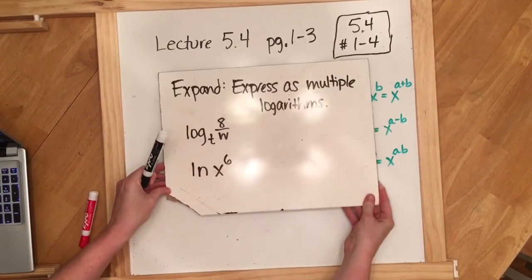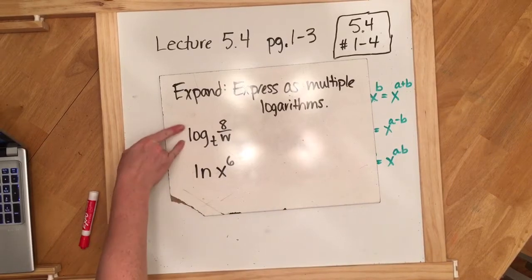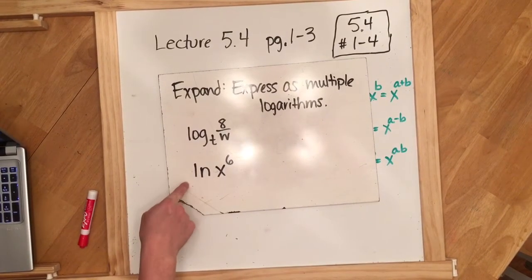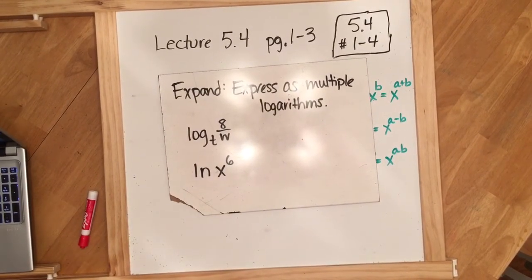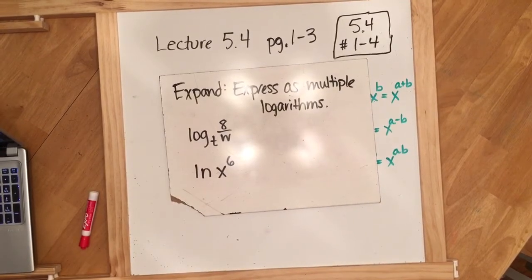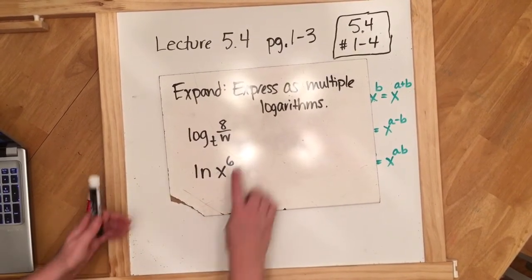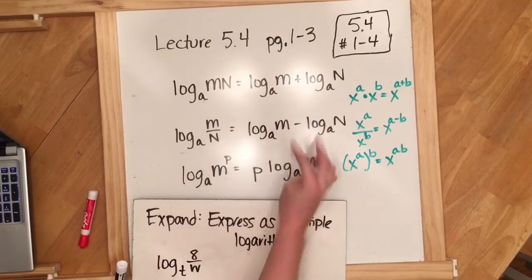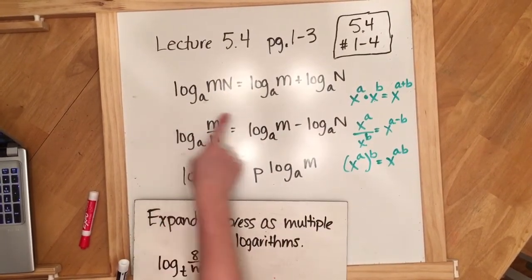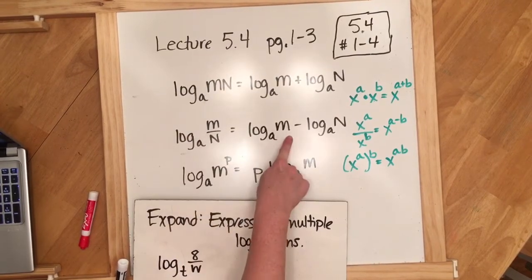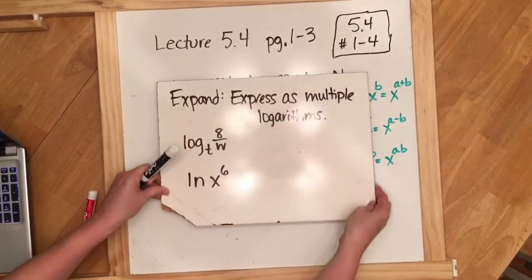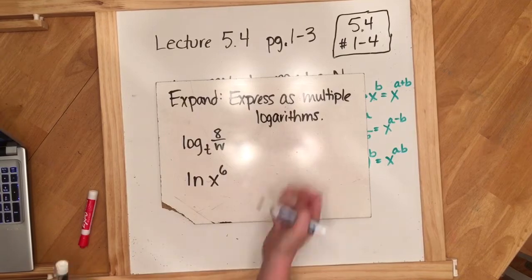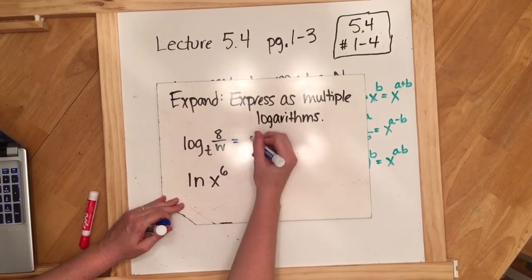So then if we have this, we want to take these logarithms, and then in this case this natural log, which we just defined, and break them up into two logarithms. So now we're working backwards. So now we see division, and we know that this division means subtraction. So I can break it up, and notice the numerator is written first and the denominator is written second. And we're just going to keep the same base throughout.